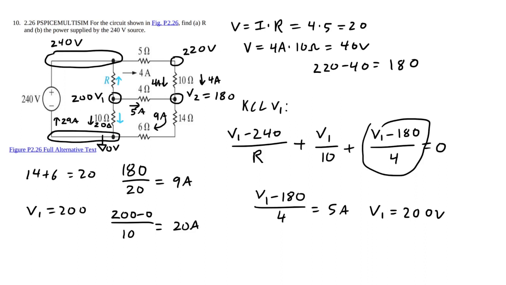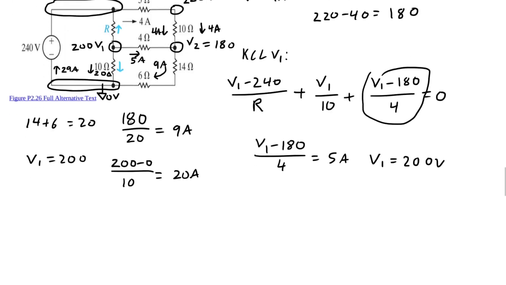We also can figure out what R is. Because if we have the 20 amps going that way, 5 amps going that way, that means that the current through this resistor has to be 25 amps.